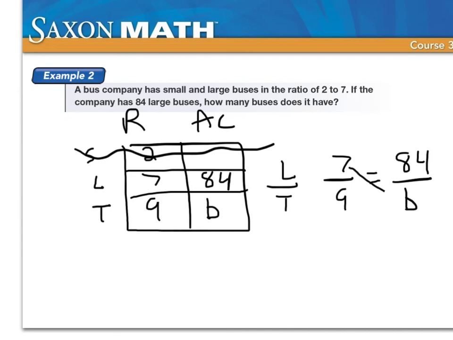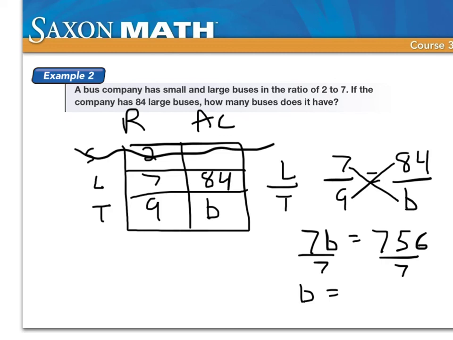So again, we're doing cross products. 7 times B equals, and then we need to do 84 times 9, which is 756. Okay, and now to solve this, we are going to divide by 7 on both sides and get B equals 108. So our answer is 108 buses.